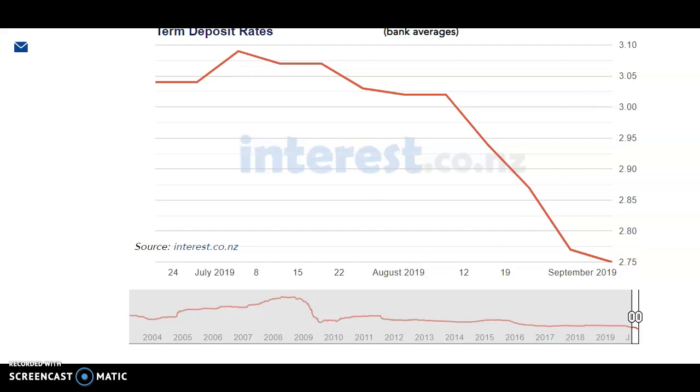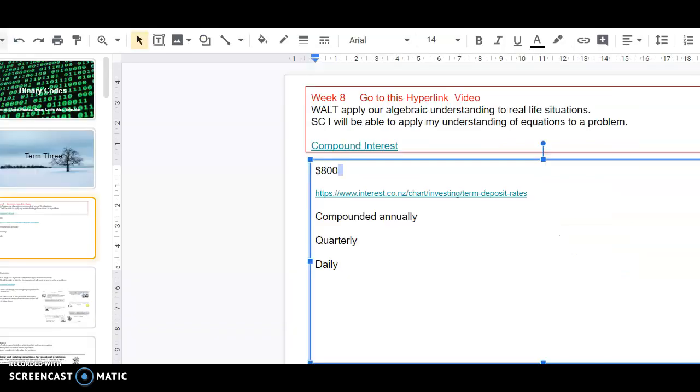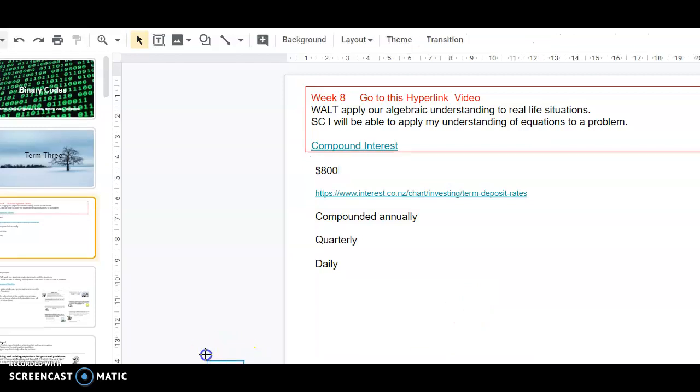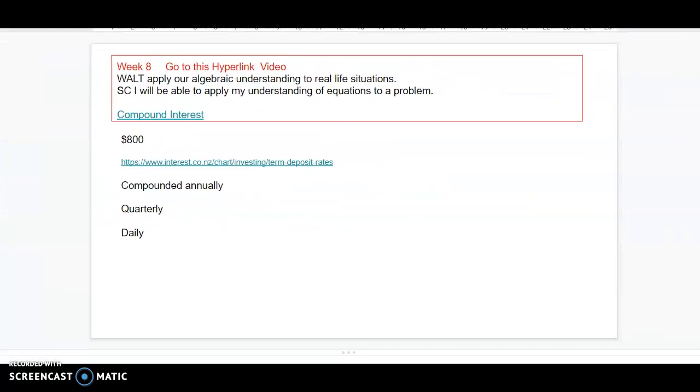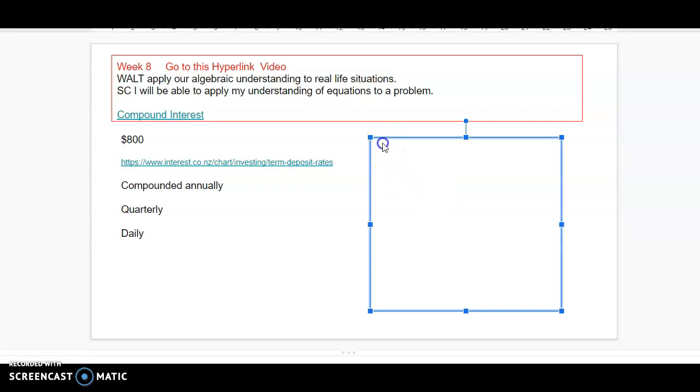For the purpose of your exercise, you're going to find out what your interest rate is, and you've invested $800. So just for ease, for Mrs. Taylor, we're going to say $1,000 at 5%.